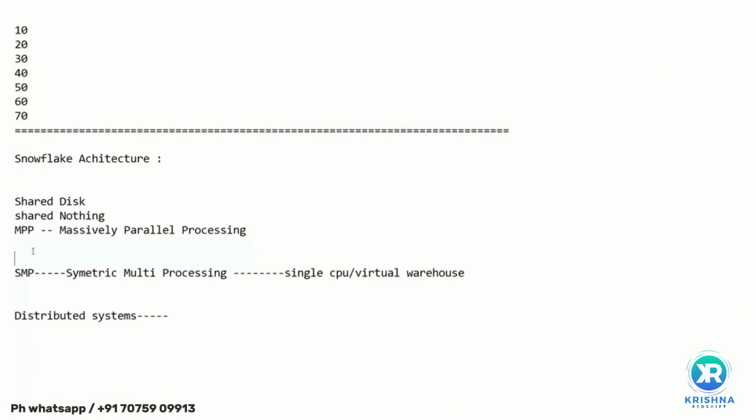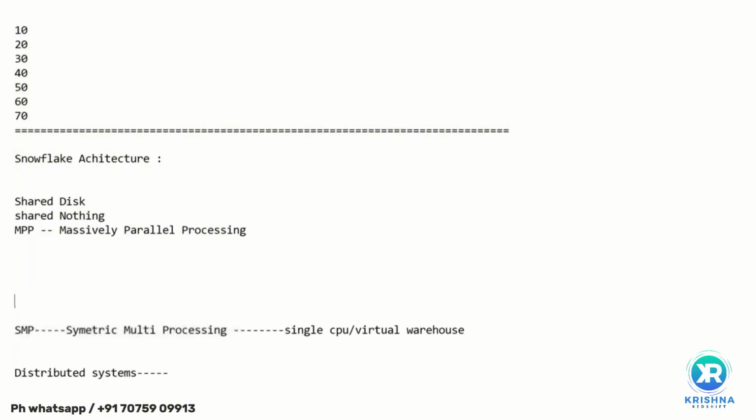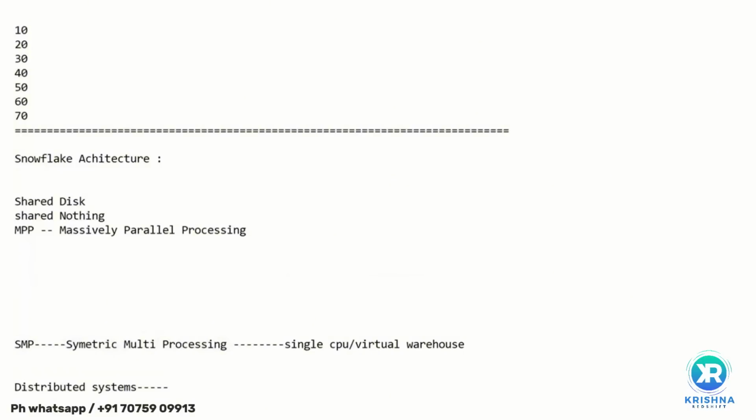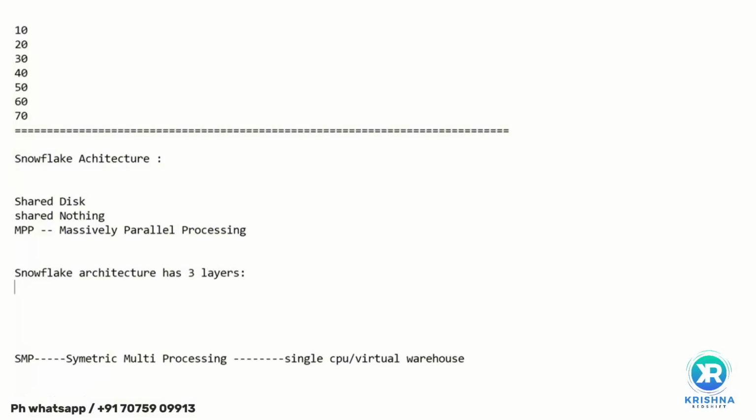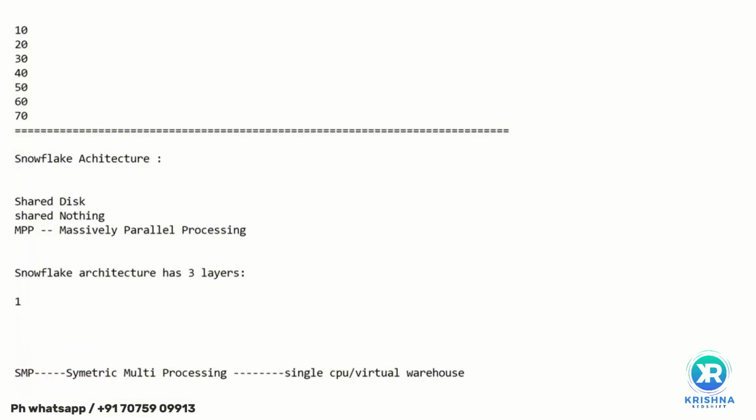Anyway, let me first write the layers in the data warehouse and layers in the cloud. Now I'm summarizing the entire thing that we learned. Snowflake architecture has three layers. What are those?